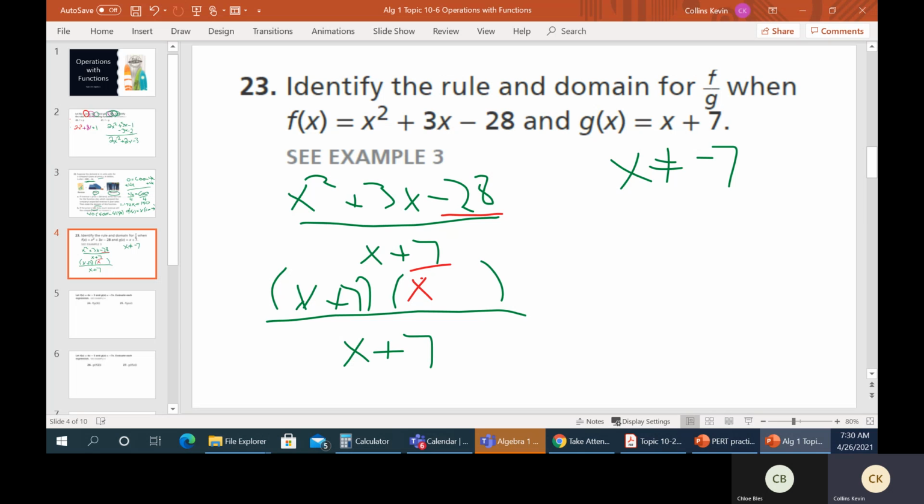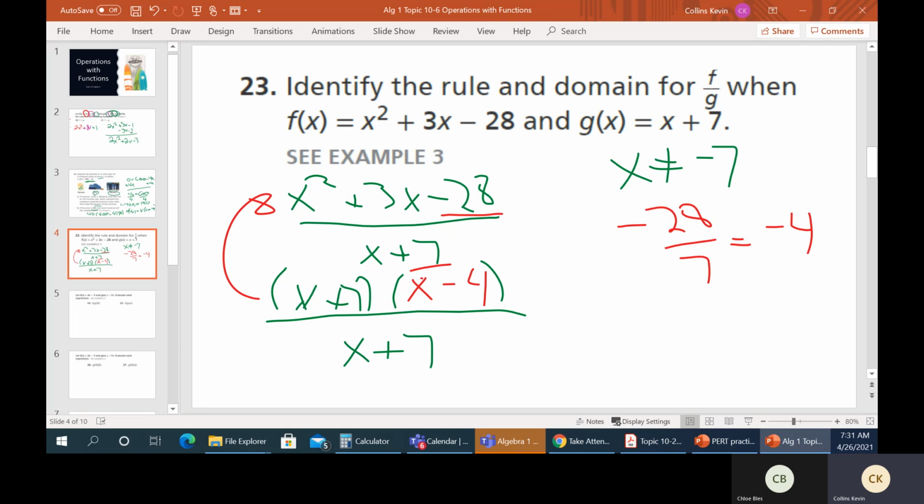Nope, not 3, because 7 times 3 is 21. Okay, 4. But remember, once again, we've got minus 28 divided by 7 equals 4, but don't forget we got to bring this negative sign along. Okay, so this one would be minus 4. And as it turns out, if you multiply those two together, you'll get this guy back.